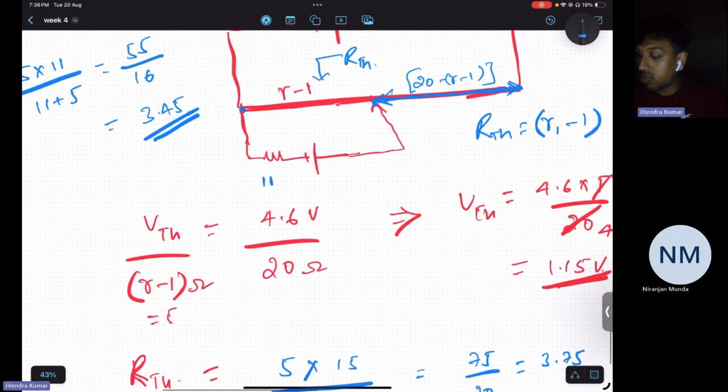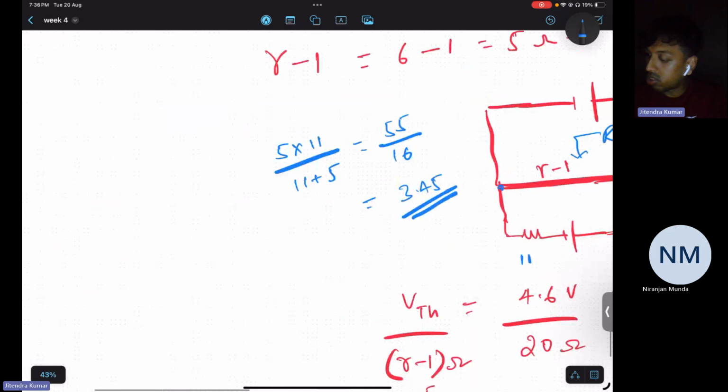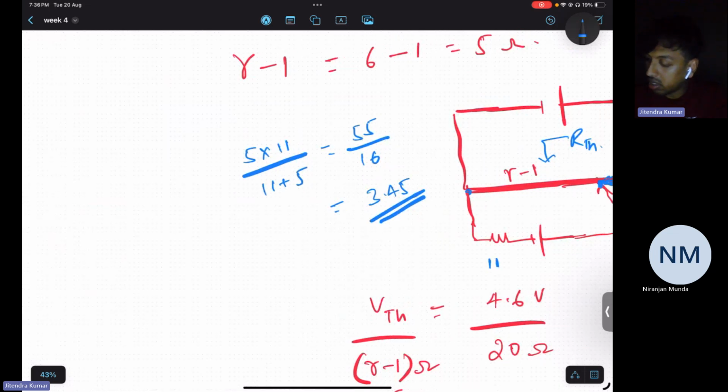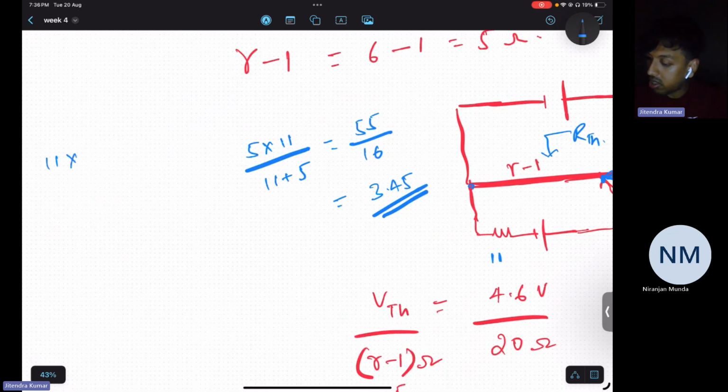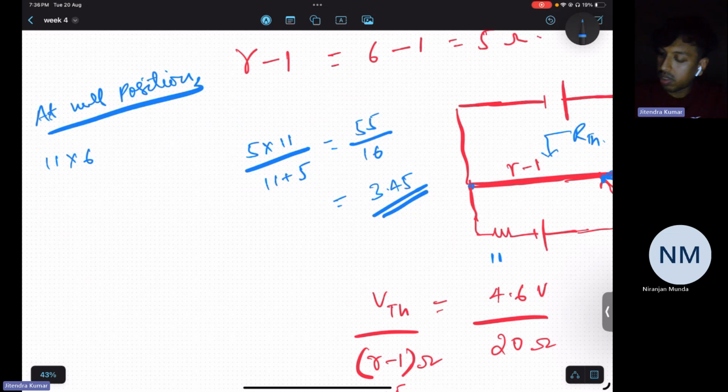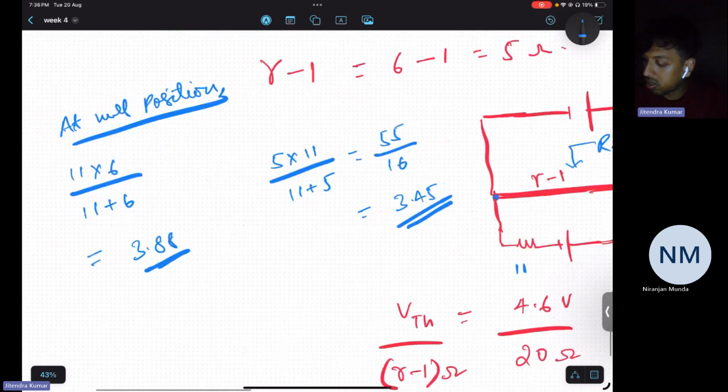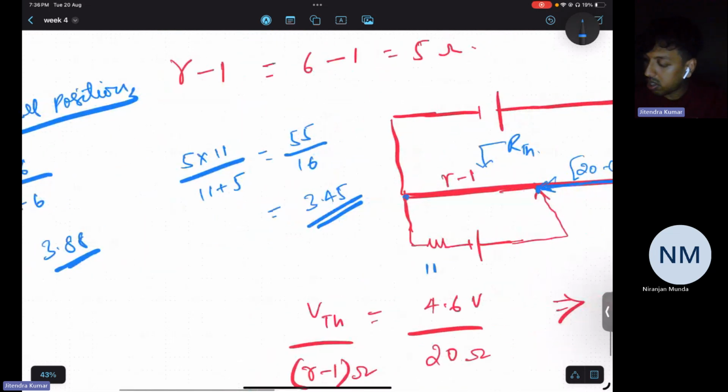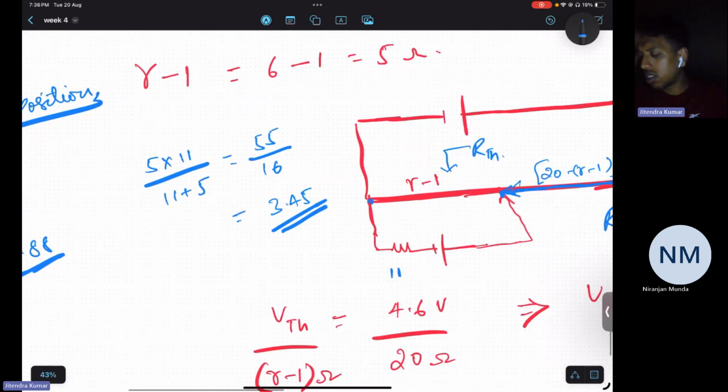Okay. And in the first case, which we solved, at the null position, it is nothing but 11 into 6 divided by 11 plus 6, so 66 divided by 17, which is 3.88.